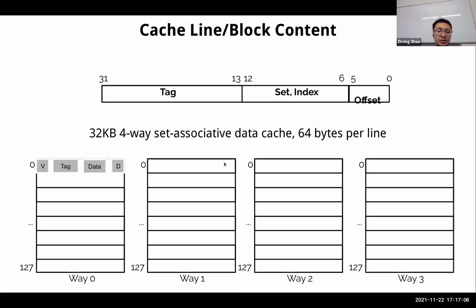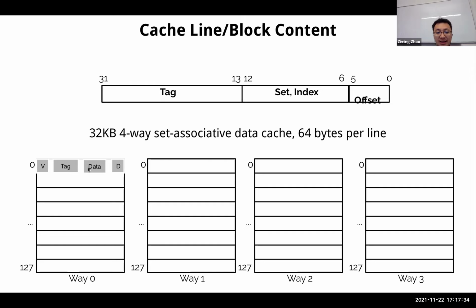What is actually stored in this cache is, first of all, a valid bit to tell whether what we stored here is valid. Then we have the tag, which is 19 bits here. The reason we store it here is that it's not stored anywhere else.